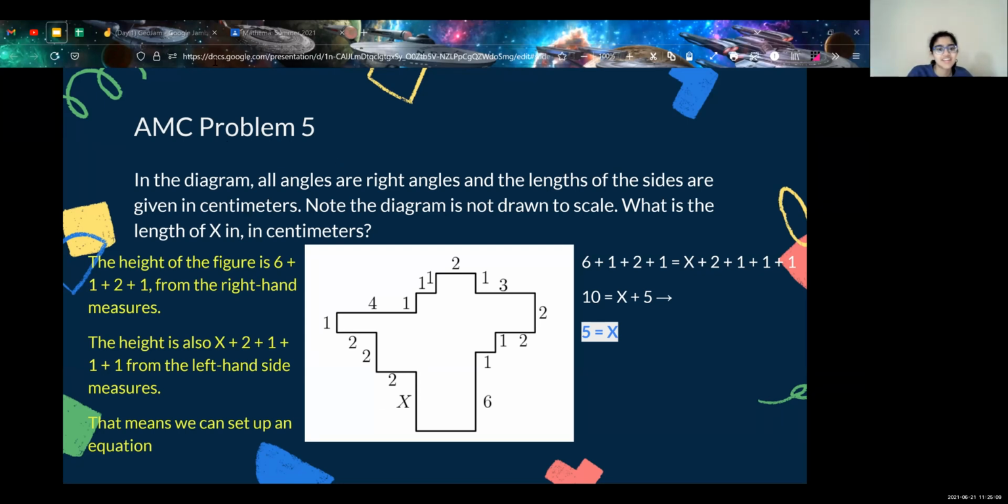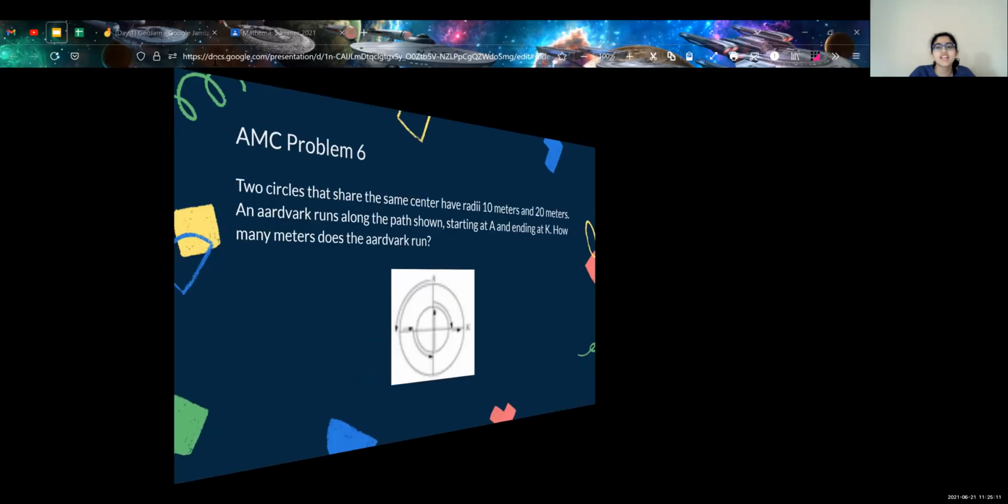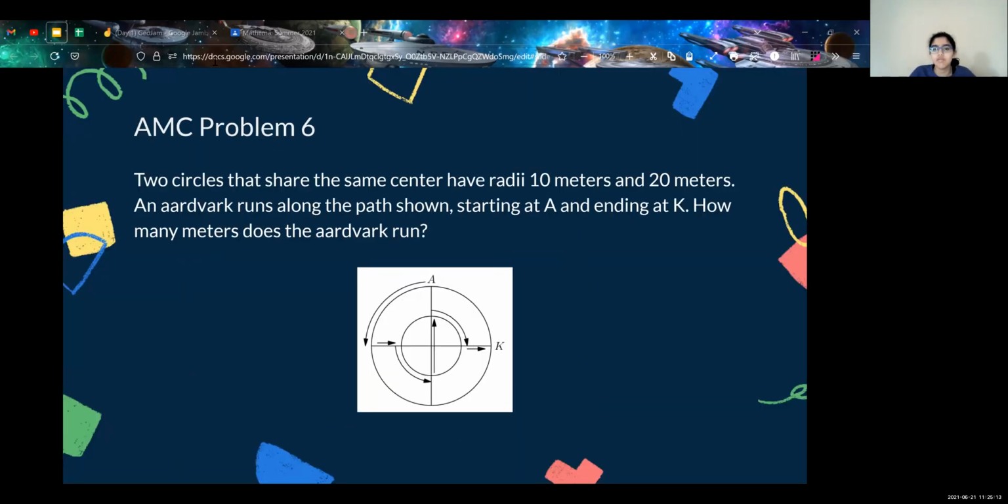Okay. So next question. I think that this might be the last AMC question we'll be able to do today, before we go over the homework. Two circles share the same center and have radii of 10 meters and 20 meters.